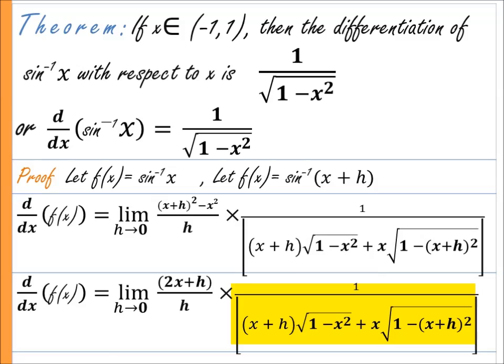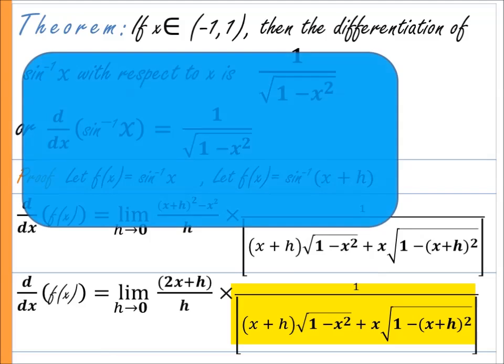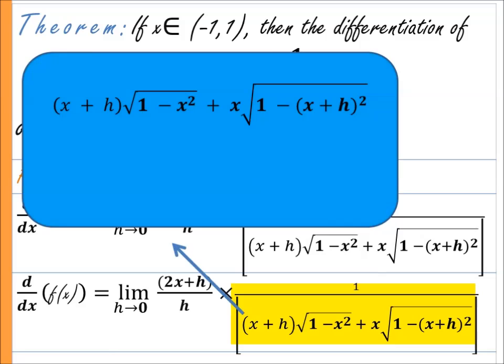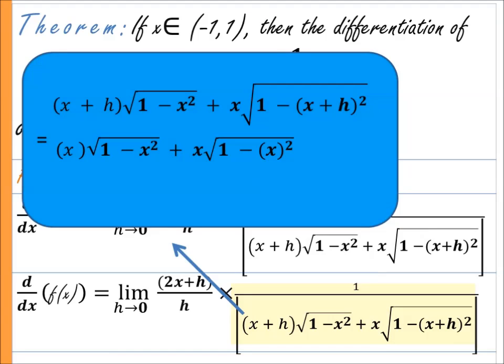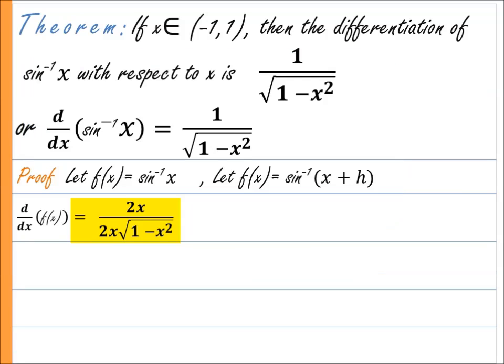So the right hand expression now becomes 1 upon x into square root of 1 minus x square plus x into square root of 1 minus x square, which is equal to 2 into x into square root of 1 minus x square. So now this whole expression reduces to 2x divided by 2x into square root of 1 minus x square.